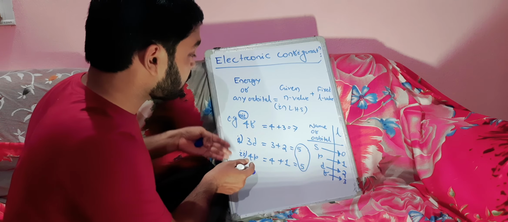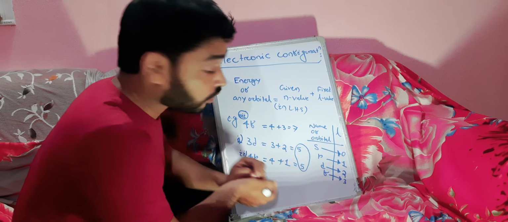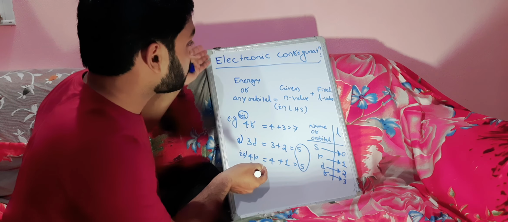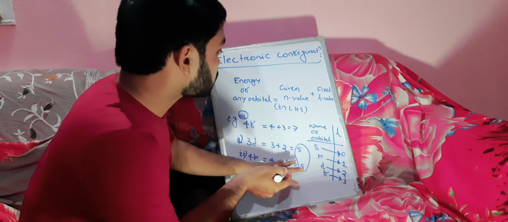So we got the idea about the arrangement of orbitals according to the increasing order of energy. We will come to the electron configuration in detail from the complete concept.